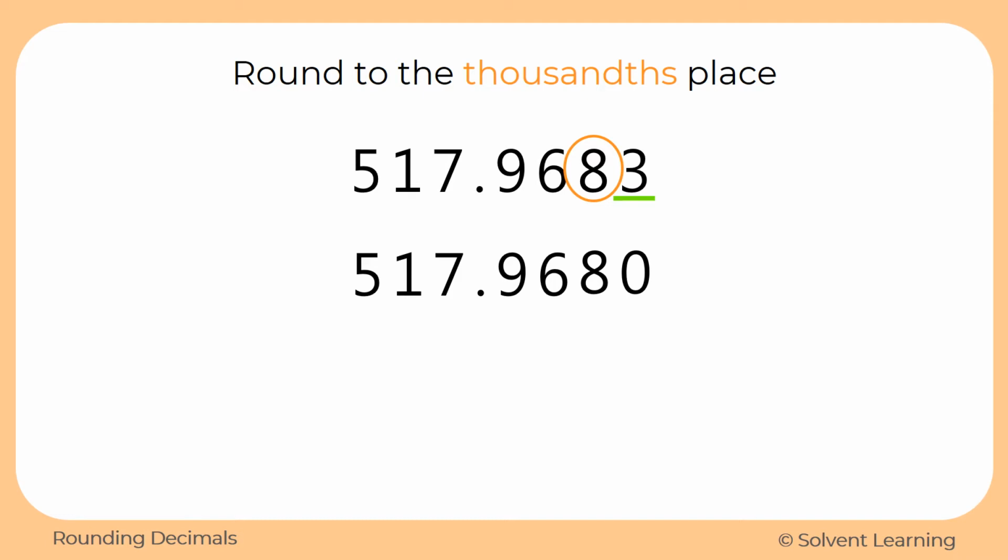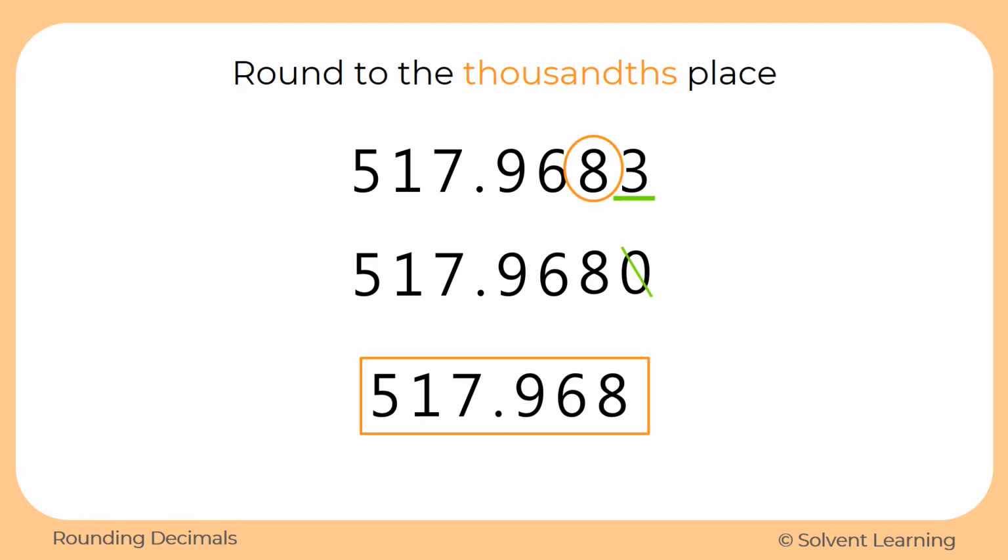Now with decimals, whenever you have a 0 at the end, we don't have to necessarily write it in. So we can just get rid of that 0 at the end and make our final answer 517.968. Or we can read it as 517 and 968 thousandths.